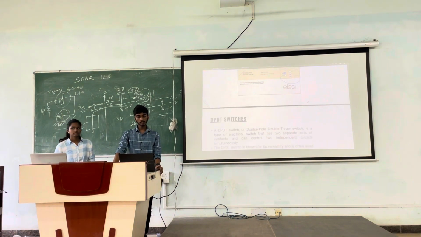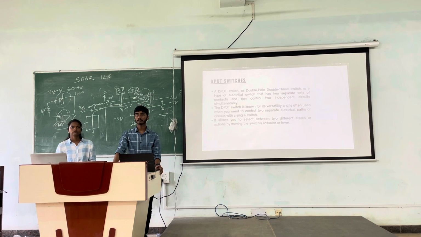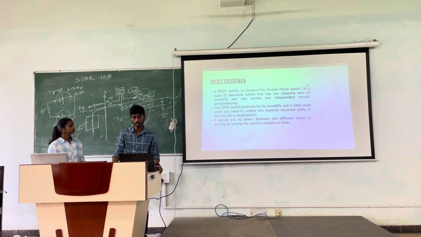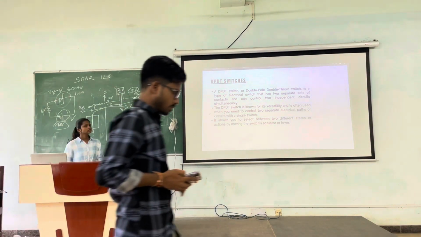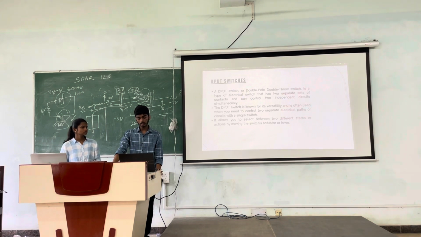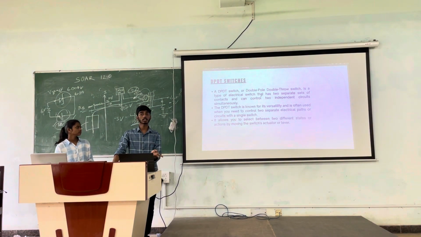So we are moving ahead with DPDT switches. It's just a basic thing. We will be able to understand. A DPDT switch, double pole double throw switch, is a type of electrical switch that has two separate sets of contacts and can control two independent circuits simultaneously.